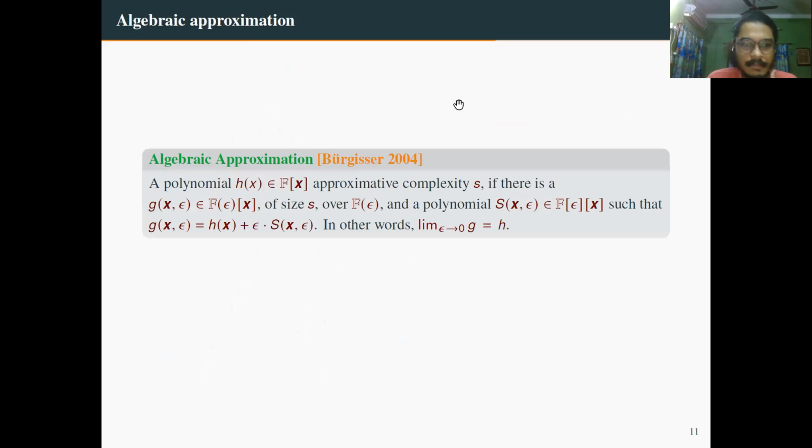So more explicitly, let's say you are computing g over F(epsilon) by a circuit of size s over this field F(epsilon). As I said, you can use these constants arbitrarily in the edges. Now you want to understand the epsilon to the 0 coefficient of g, which is h, and we say that h has approximative complexity s.